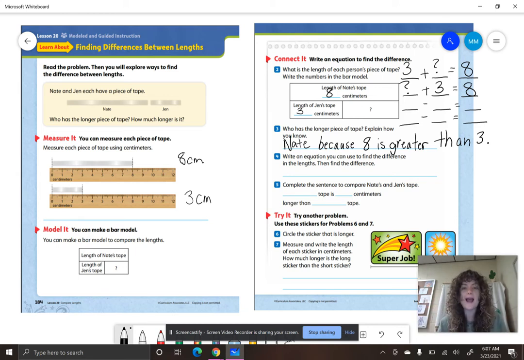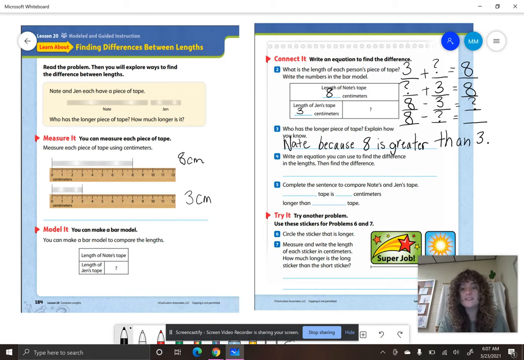Now, when we subtract, what do we always start with? Do we start with subtracting parts or do we start with subtracting from our whole? We start with our whole. We are taking away from the greater number. Now, we can find the difference by starting with Nate's tape, taking away the length of Jen's tape to find our part. Or we know that Nate's tape is 8.